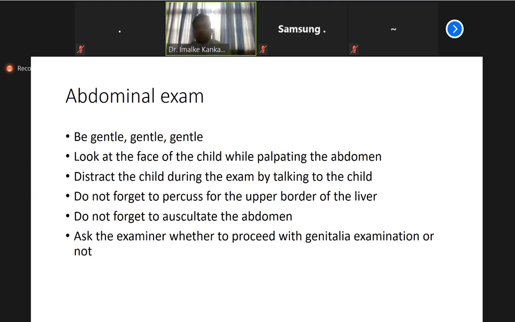This is something I would say at least 50% of candidates will not do. And also, you tend to forget auscultation of the abdomen. And ask the examiner whether to proceed with genitalia examination or anal examination, digital rectal examination, right?